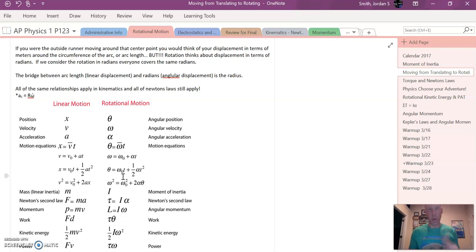So you remember, where did you see omega before? That was part of your oscillating equations, right? You had x as a function of a cosine omega t, and period was related to that, so 2 pi over omega, and then frequency was even related to that because it was 1 over period.